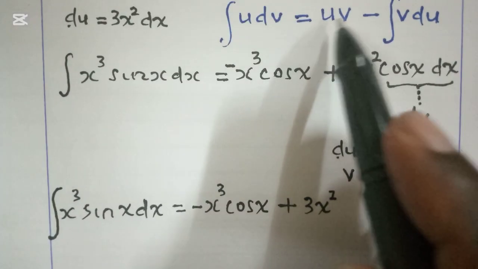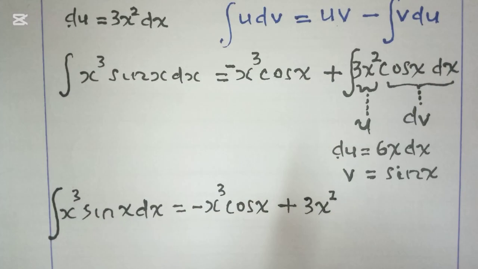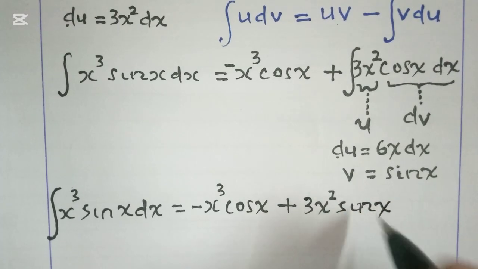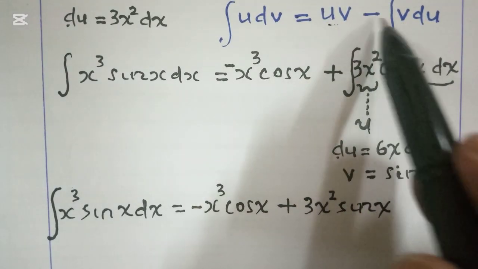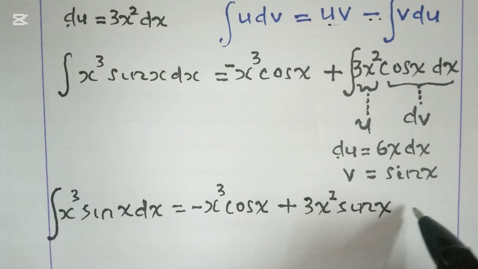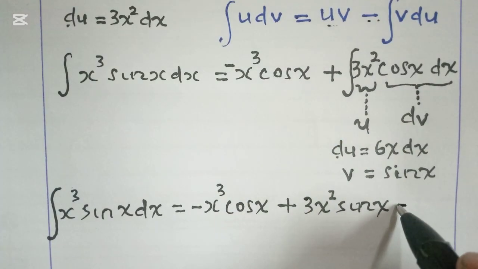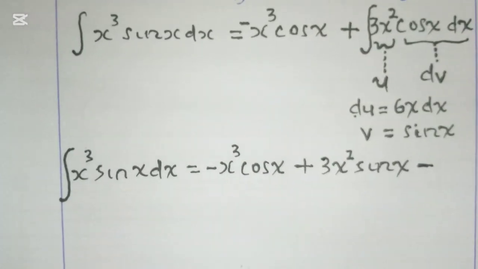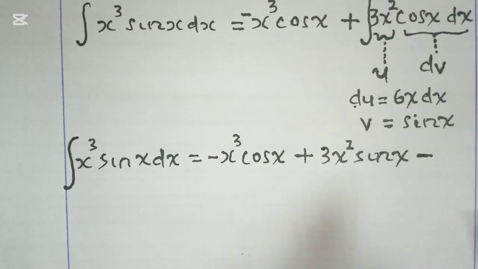That is for u. And for v, we have sine x. Now I'm finished with that. I now come to this point, where now I'll need to write in the minus again. Maybe I can write it down here, guys, because the space is too small there.